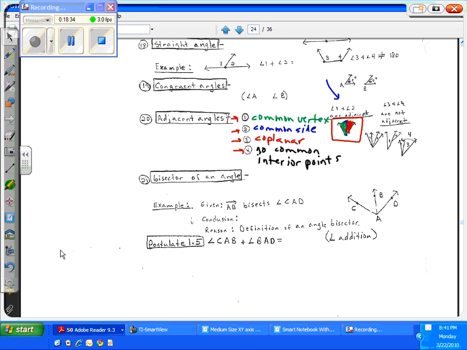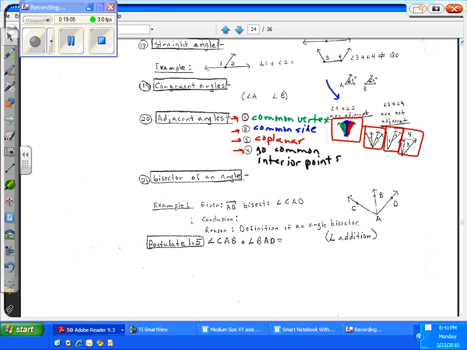None of the points of angle 2 overlapped into the region that was angle 1. And so we can say, well, those are adjacent. Two angles in the same plane with a common vertex, a common side, but no common interior points. And you realize I'm dealing with some inaccuracy here, so it looks like they had common points and they really don't.